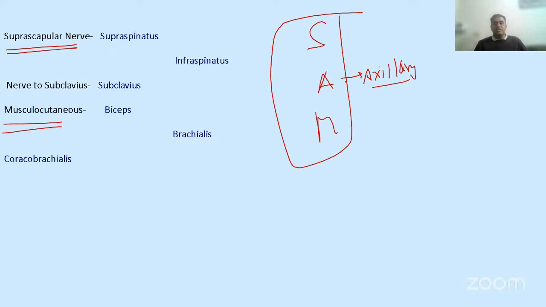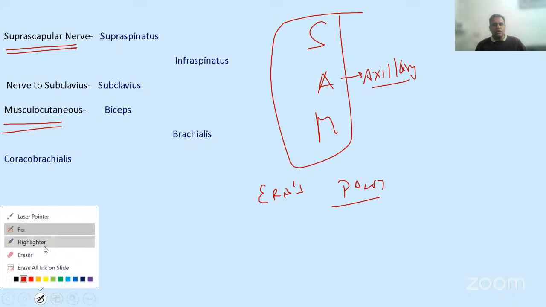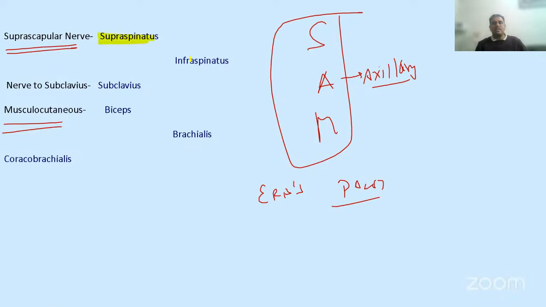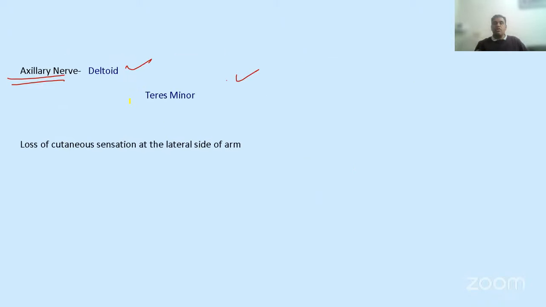So these three nerves are basically involved in Erb's palsy. Let me highlight what muscles they supply, so that you know what is important. Supra and infraspinatus actions are compromised. If musculocutaneous is involved, then biceps and brachialis action is compromised. If the axillary nerve is involved, then deltoid and teres minor actions are compromised.